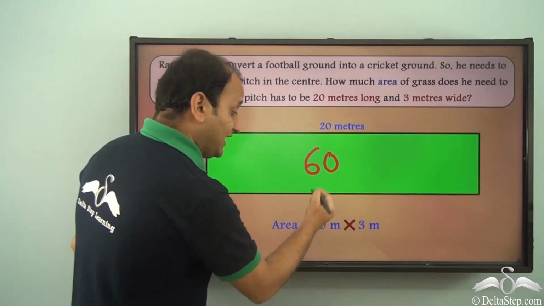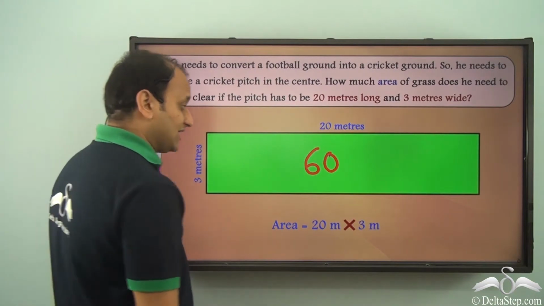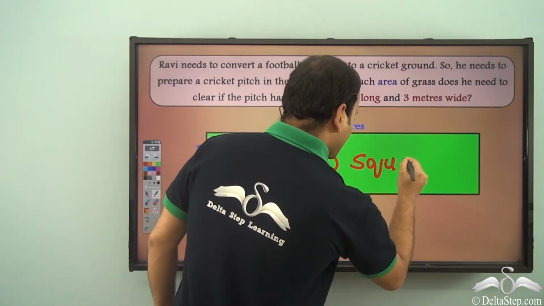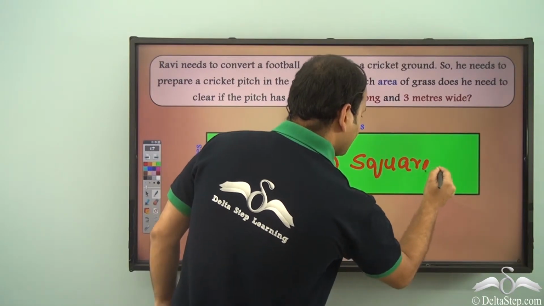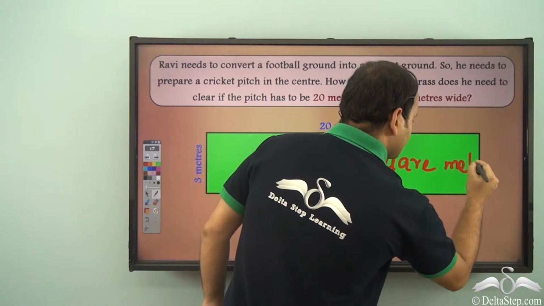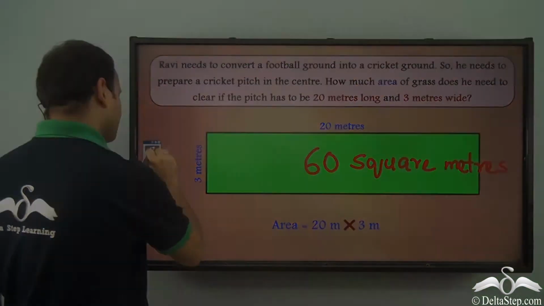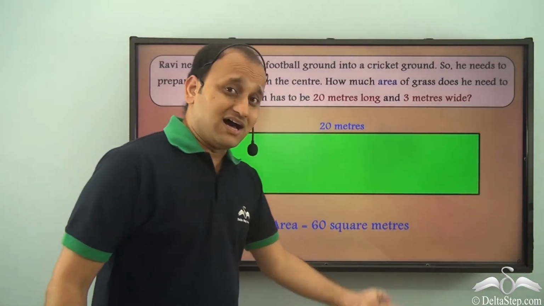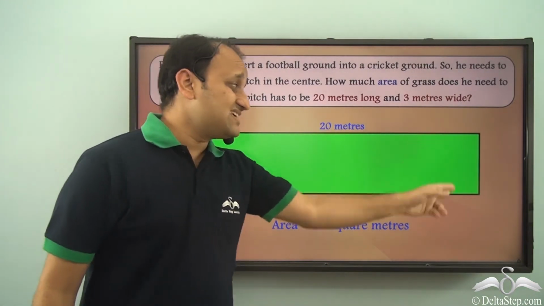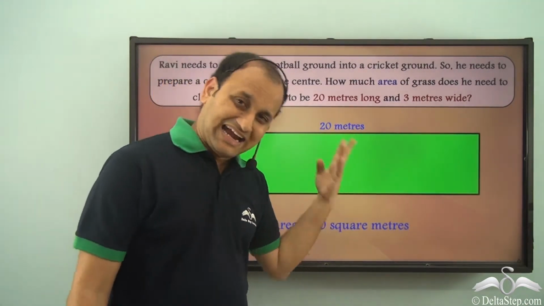Well, we are multiplying two numbers with same unit. So it will be square meters. So this is the answer for this question. So he will have to clear 60 square meters of area in the center to make the cricket pitch.